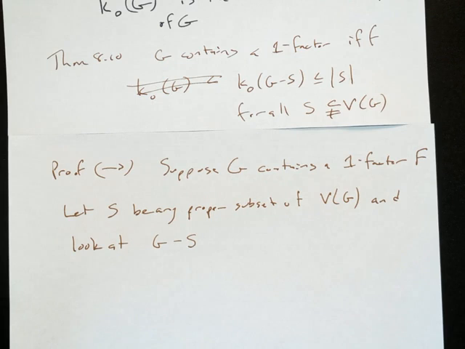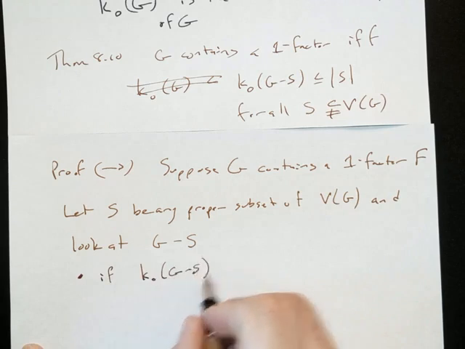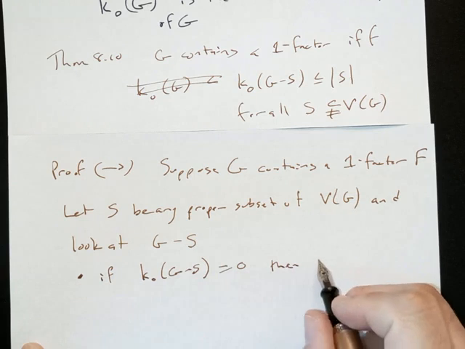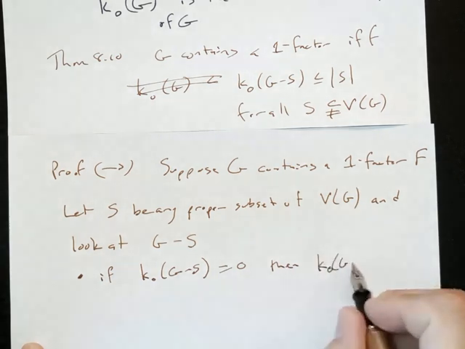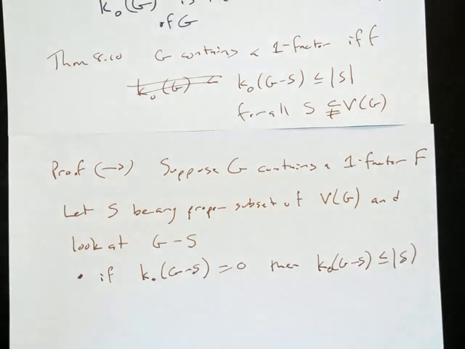But clearly, if there are no odd components, yay, 0 is less than whatever I took away. That was easy.